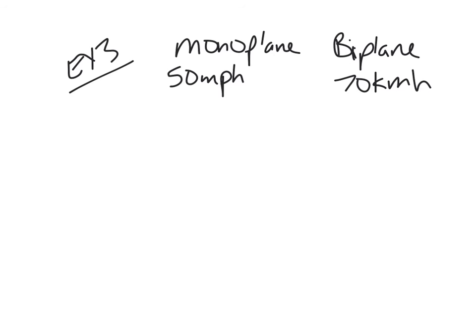So we need to change the monoplane to kilometers per hour or change the biplane to miles per hour. Which one would you prefer? You want to change the 70 kilometers? So we're going to say 70 kilometers.